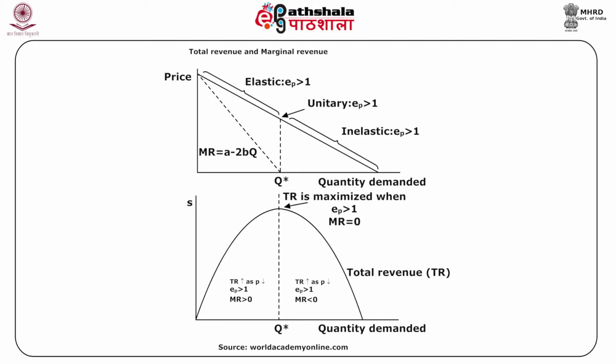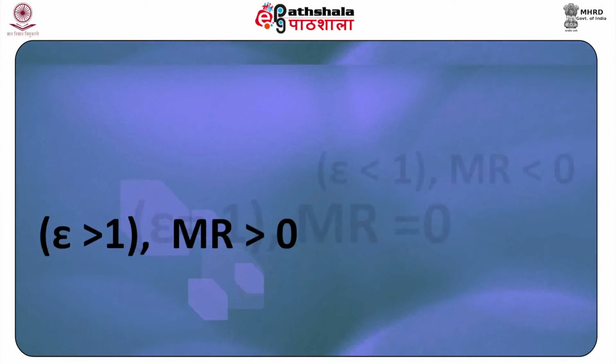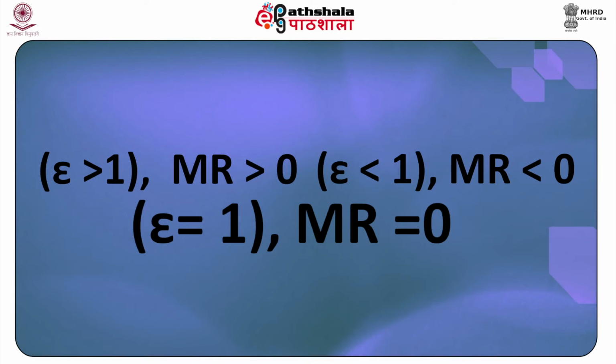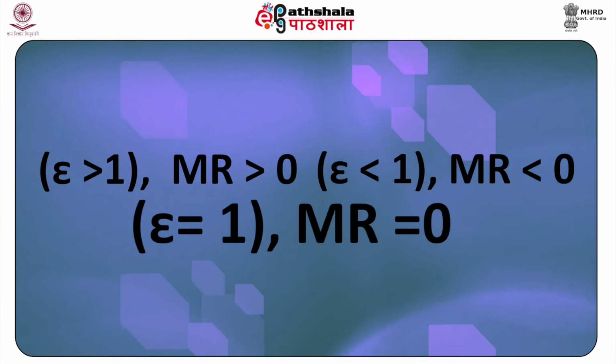In figure 7, the graphical relation of the elasticity and the marginal revenue is depicted for a linear demand curve. Further, we will use the relation between elasticity and the change in TR discussed above and use these to study the relation between elasticity and MR. When demand is elastic, that is E is greater than 1, MR is greater than 0 because TR rises as Q rises and P falls.